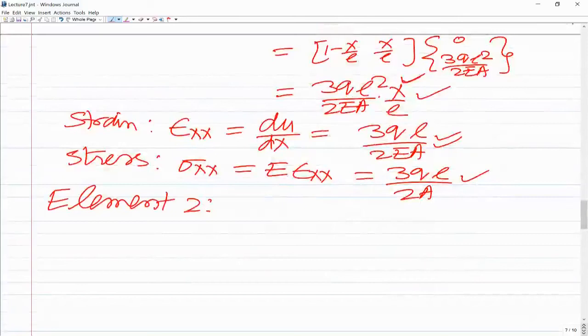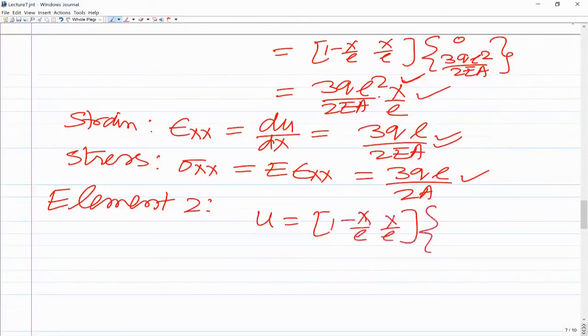for element 2 again you will have u is equal to 1 minus x by L, x by L, and now the local node 1 is global node number 2, so I'm writing the first degree of freedom as u2, and this will be u3. This is the capital X coordinate, this is global node number 2, which is its starting node, and the end node is global node number 3.